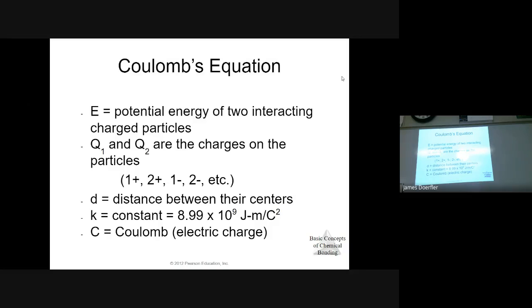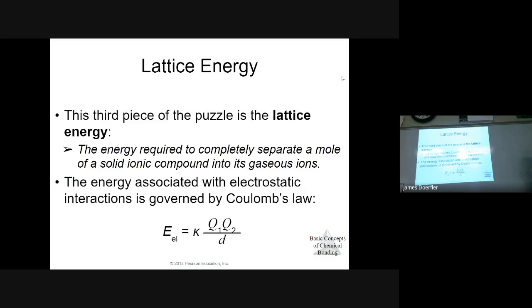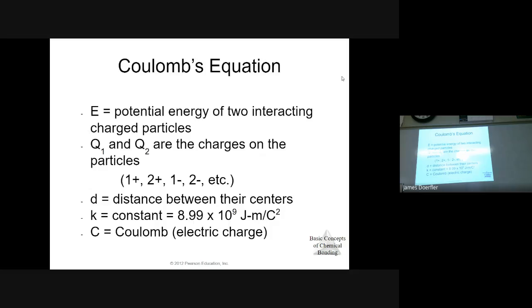And so the amount of E is going to be determined by the other variables. Q1 and Q2, which are in the numerator, those are simply just the charges on the two particles that are interacting. And so we're talking ionic charges. So +1, +2, -1, -2, so on and so forth.